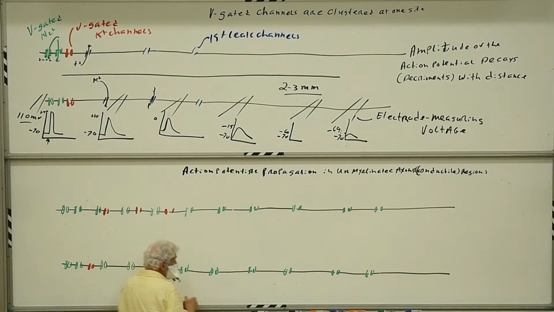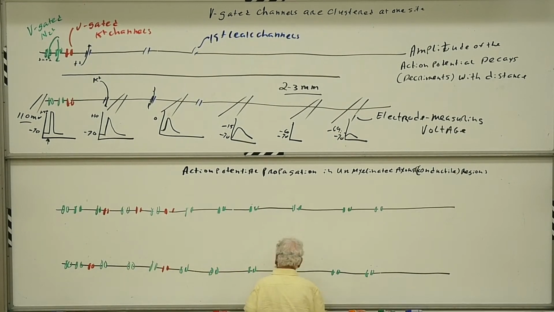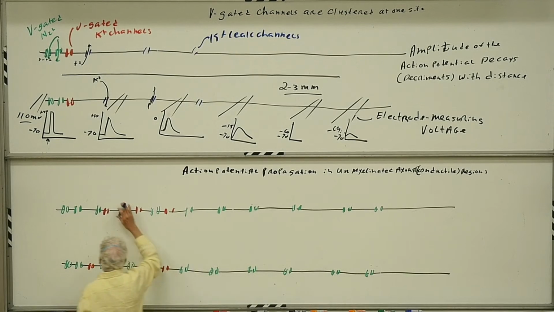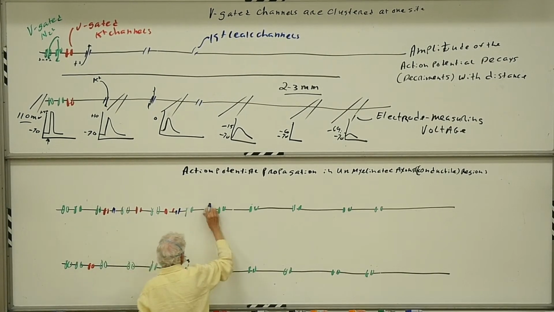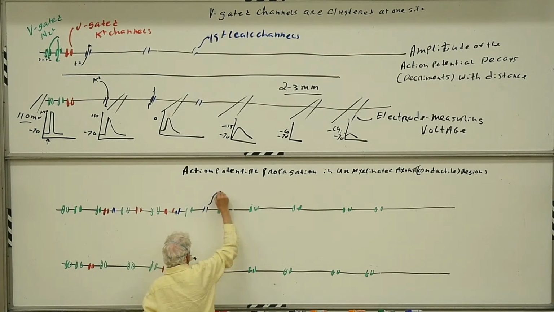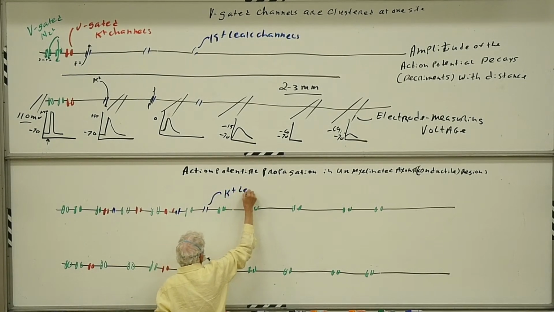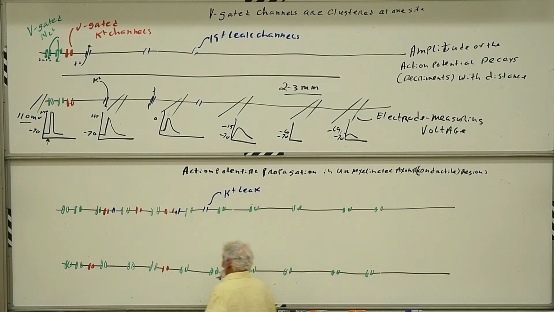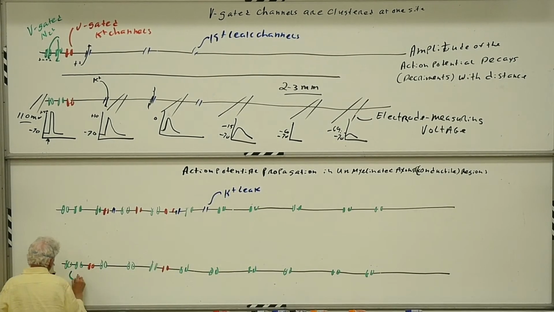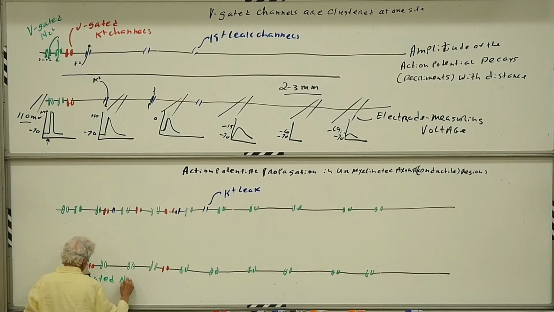And of course, interspersed among all of these, because we have to have a membrane potential, will be the potassium leak channels. So the blue is the potassium leak. The green are the voltage-gated sodium channels.